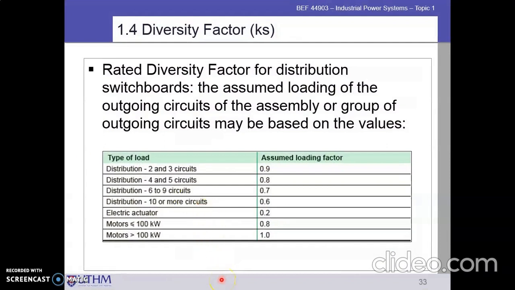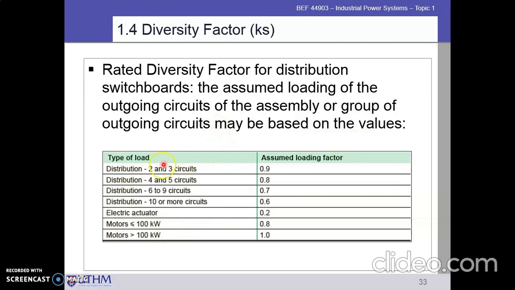Next we go to diversity factor, KS. Rated diversity factor for distribution switchboard. The assumed loading of the outgoing circuit of the assembly or group of outgoing circuit may be based on the value, for this type of load.